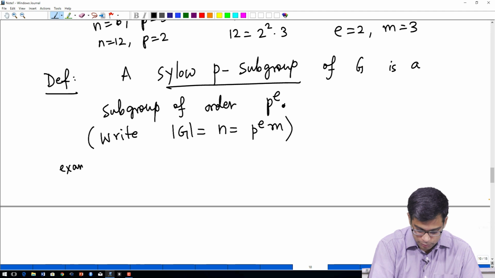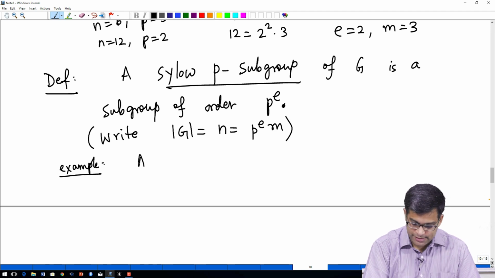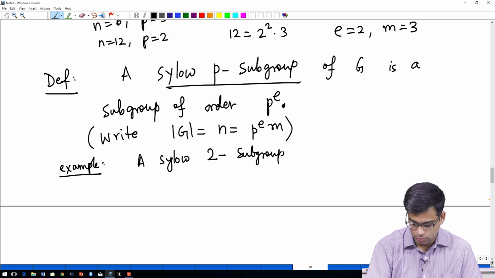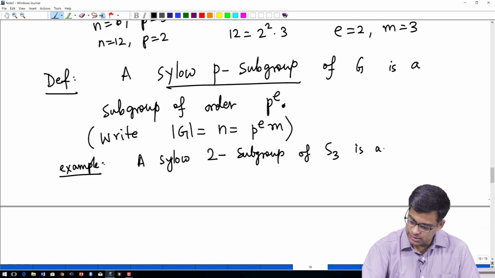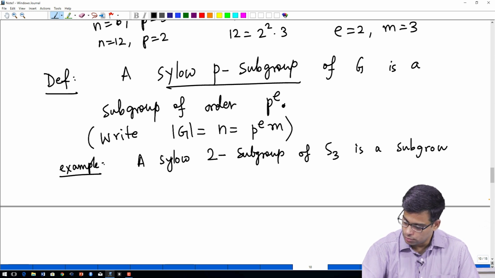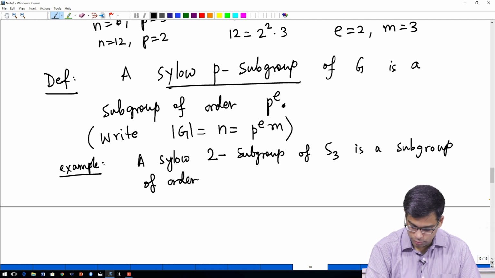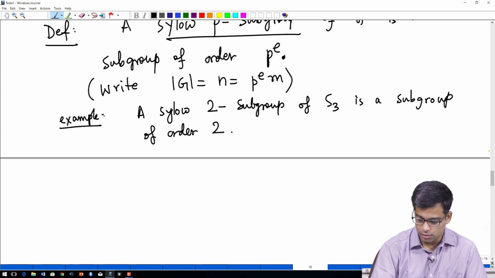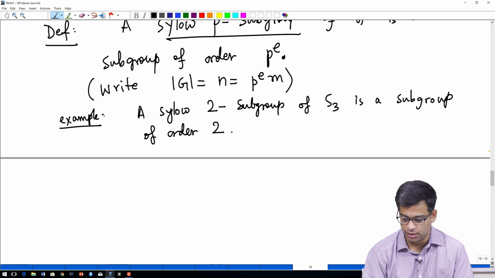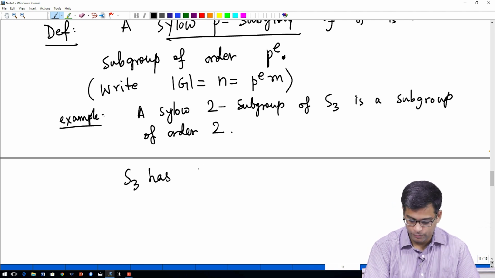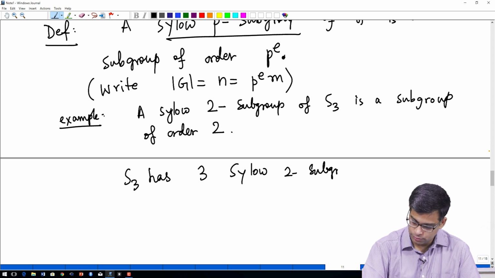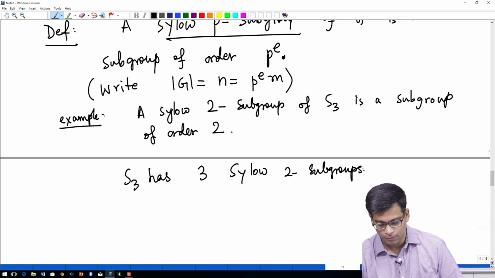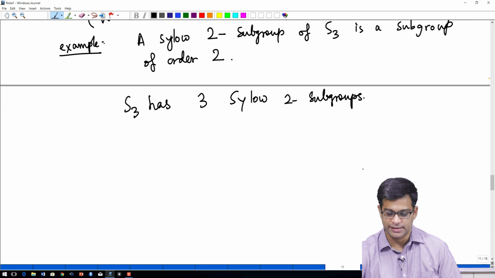As an example, a Sylow 2 subgroup of S3 is a subgroup of order 2. And if you recall our study of S3 in the previous videos, S3 has 3 Sylow 2 subgroups, because it has 3 elements of order 2, each of them generates a subgroup of order 2.